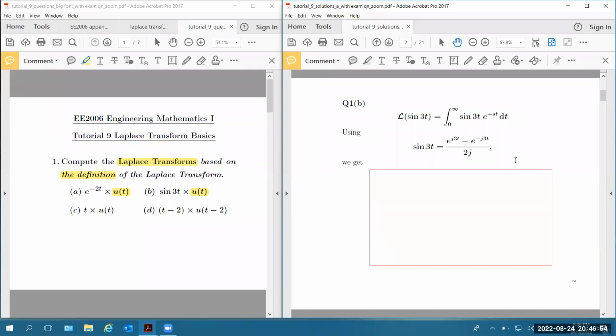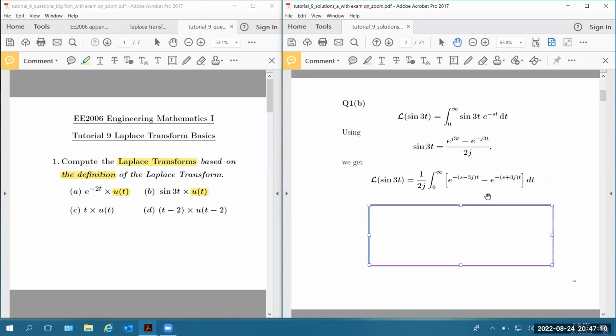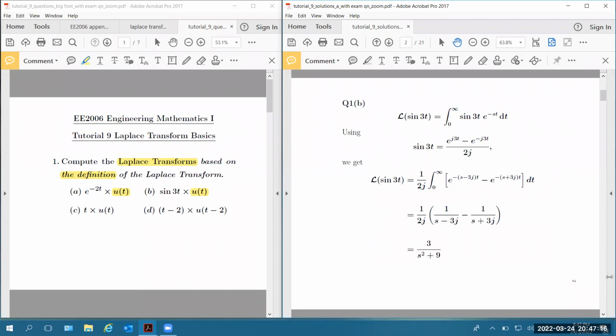I and j are the same. Because you have e to the power of something, you can combine with e to the power minus st, and that will help you a lot. It makes the integration a lot simpler. Then you just do like that and you get the answer.